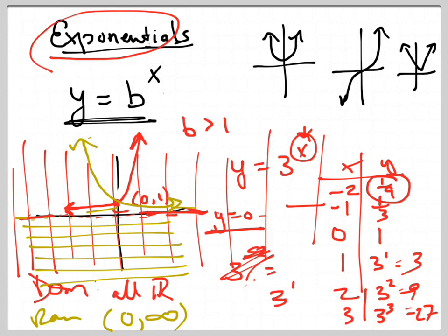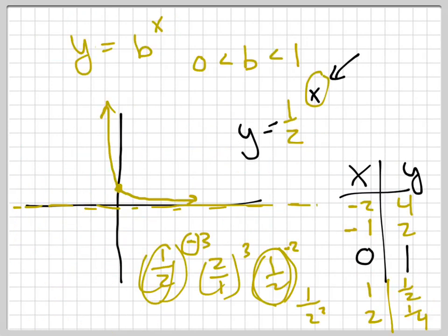The difference is you have to look at whether b is greater than 1, or between 0 and 1. When you learn that in class or read it in the book, take note of those little details, and think it through with the T chart and think about what it's doing. Hopefully that'll make more sense to you.